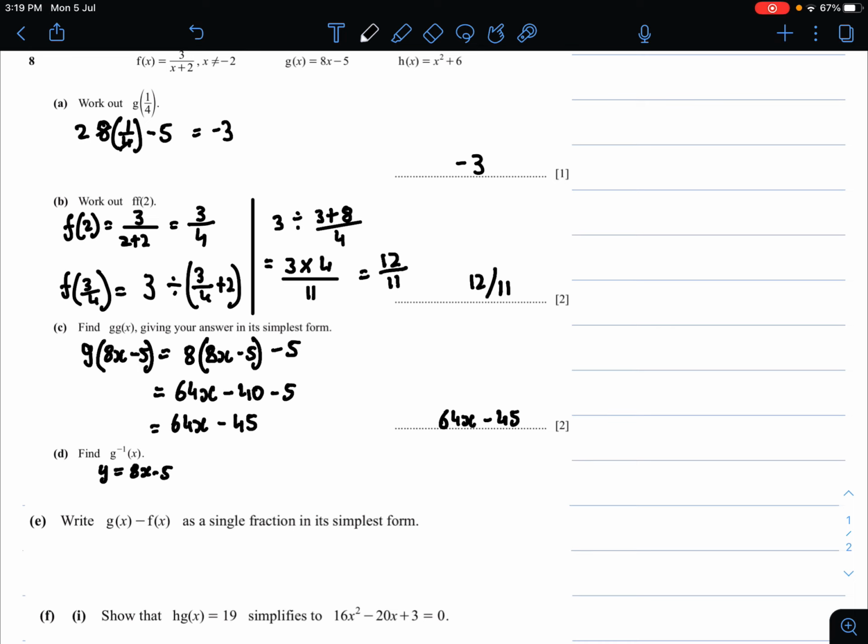Next, you switch x and y. So you write x equals 8y minus 5, and then you make y the subject.